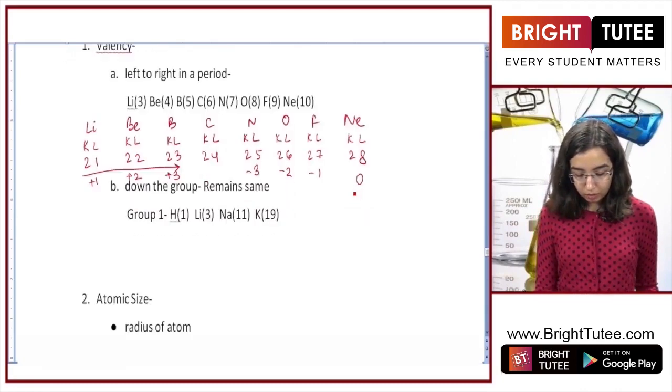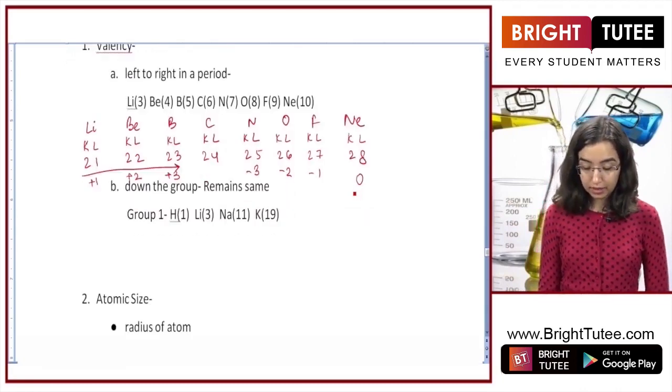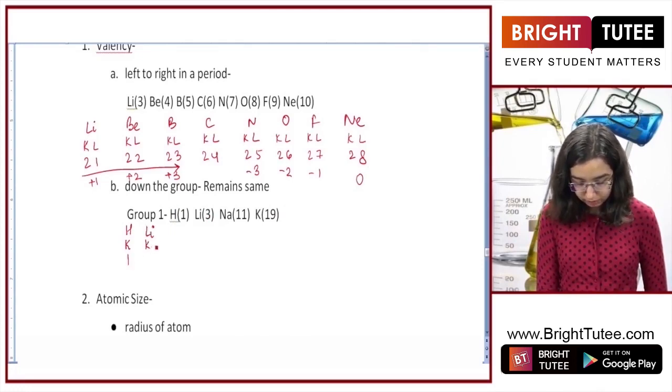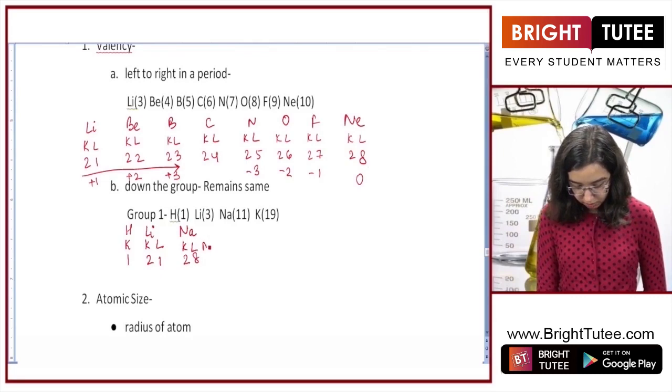Now when we talk about going down the group, what happens to the valency? So let's take group 1. We have hydrogen at the top, which has just 1 electron. We have lithium, we have sodium, we have potassium.